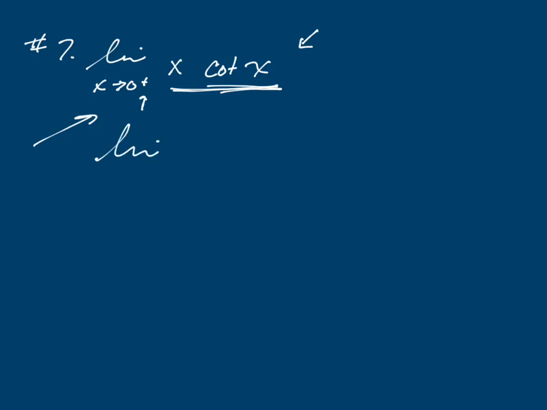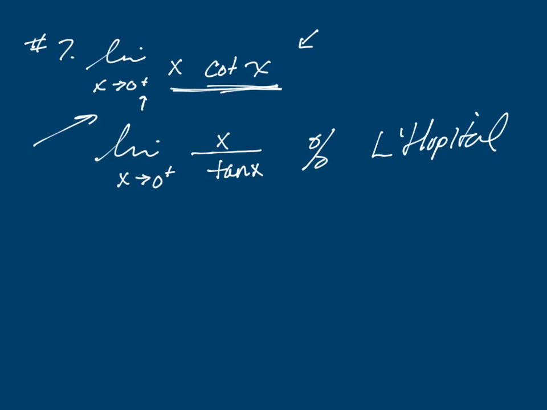That's the trick. We can say the limit as x goes to 0, just keep the plus there for now, is x, and then we can write over, if we want, tangent x. Right? And so now you have 0 over 0 where L'Hopital works, right? You can apply L'Hopital.